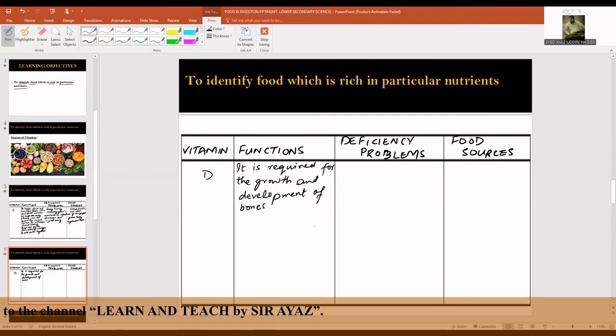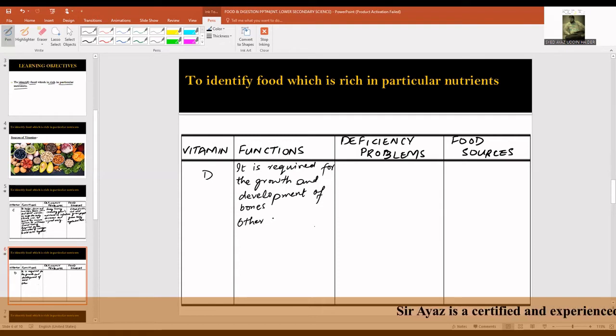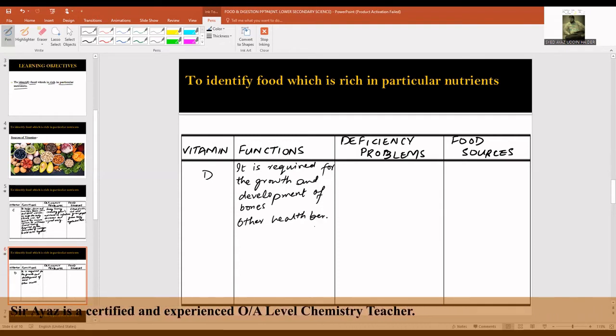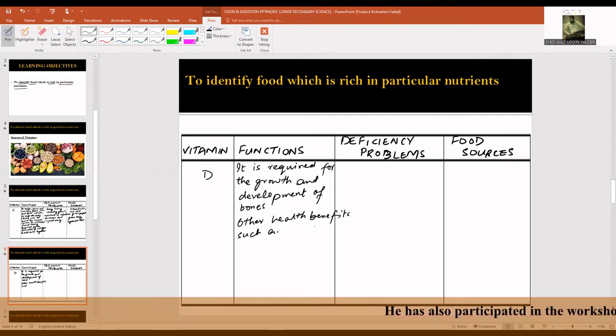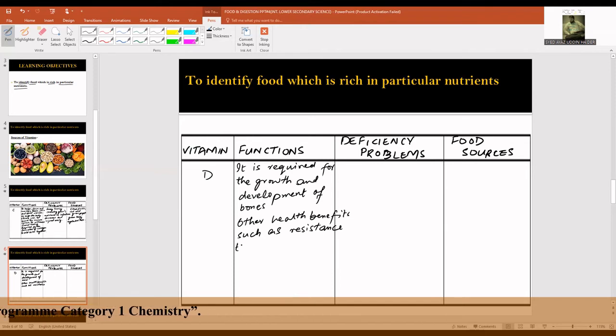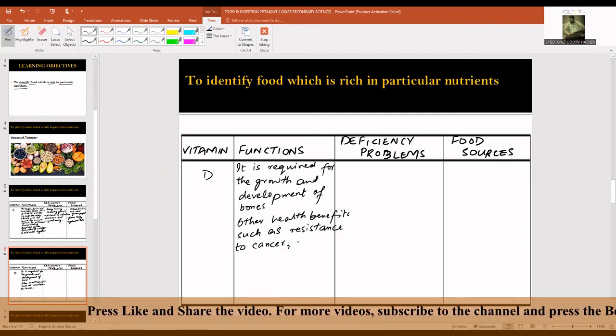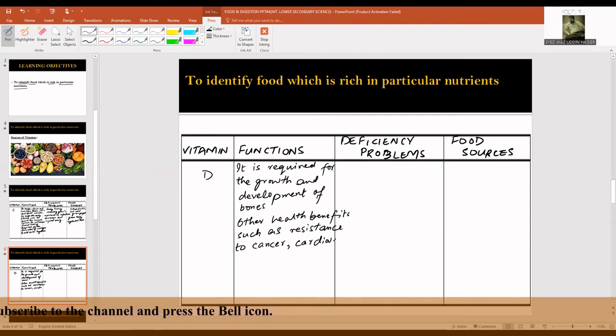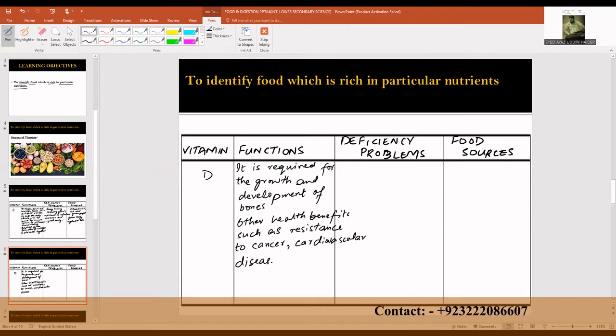But some research suggests that vitamin D may contribute to other health benefits such as resistance to cancer, cardiovascular diseases, diabetes, and hypertension.